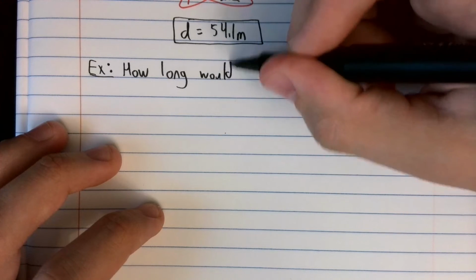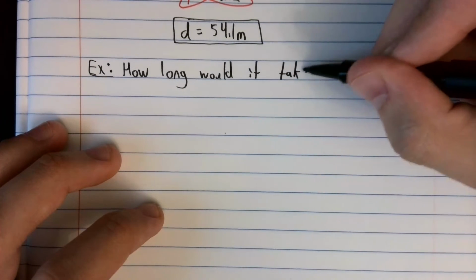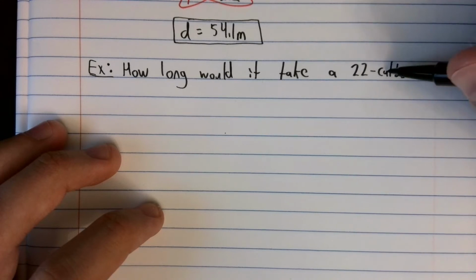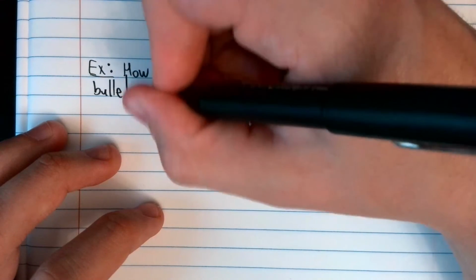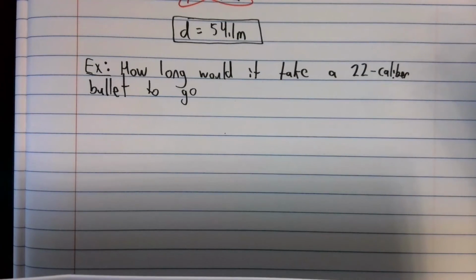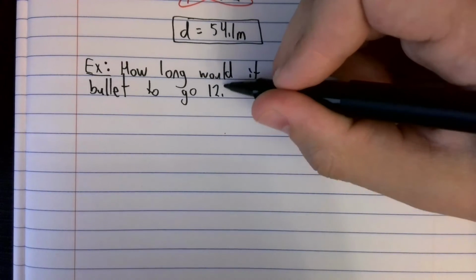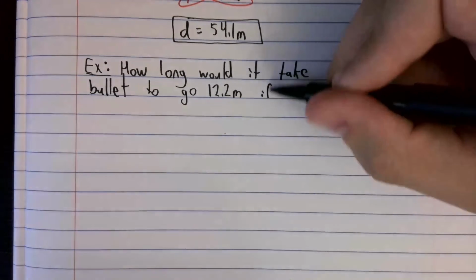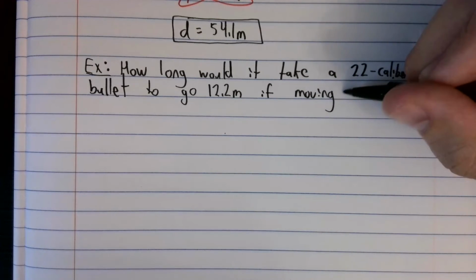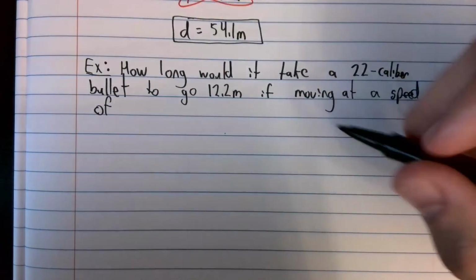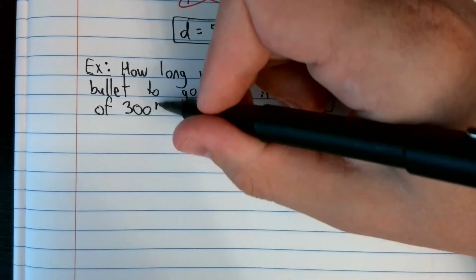How long would it take a .22 caliber bullet to go 12.2 meters if moving at a speed of 300 meters per second?